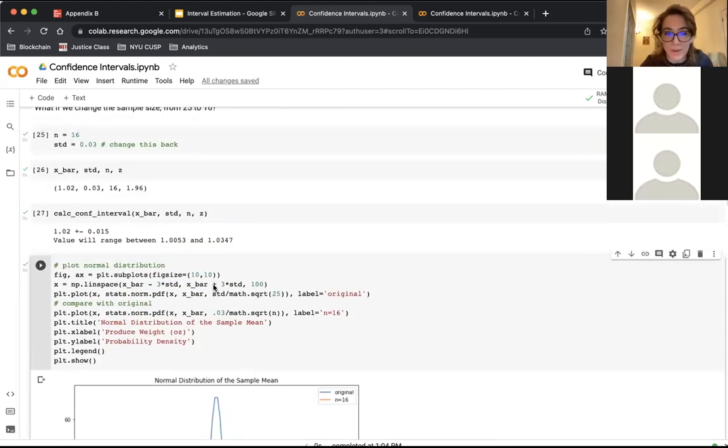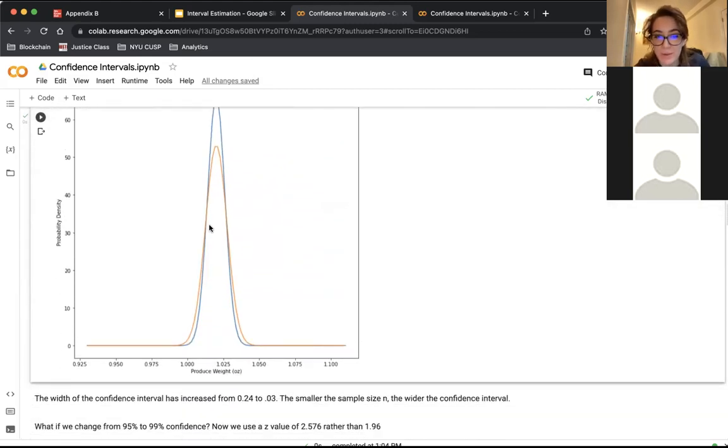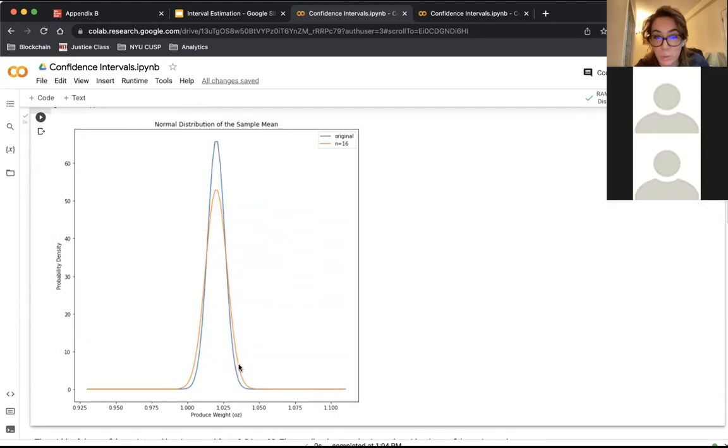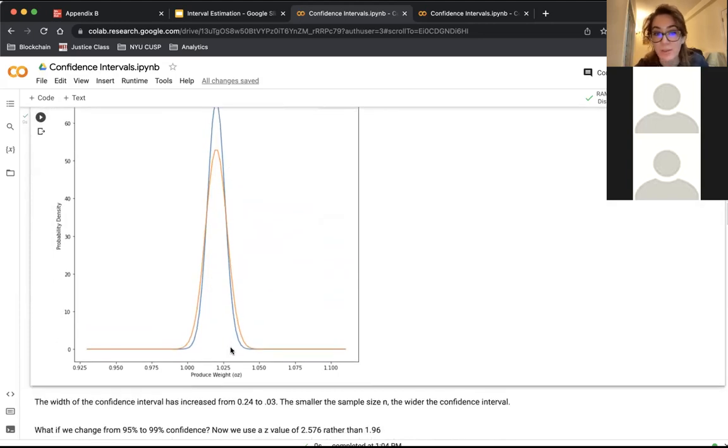And that's why in the formula we take the square root of the number of samples: we're dividing by that uncertainty due to a smaller sample size. That makes the distribution wider, and therefore the confidence interval increased, as you mentioned, because we're now accommodating for the wider amount of variance that would occur due to a smaller sample size.